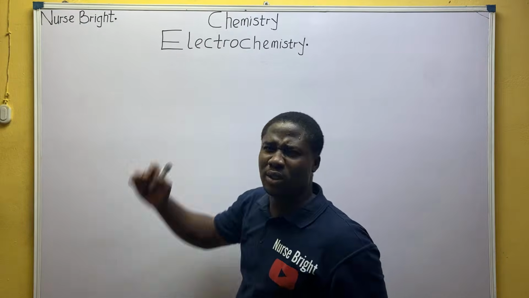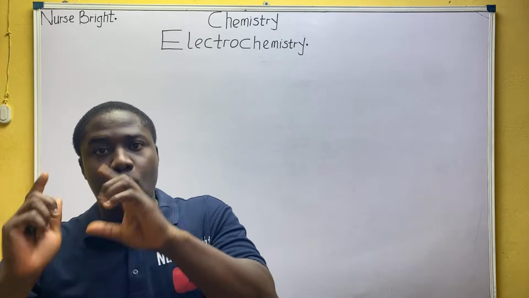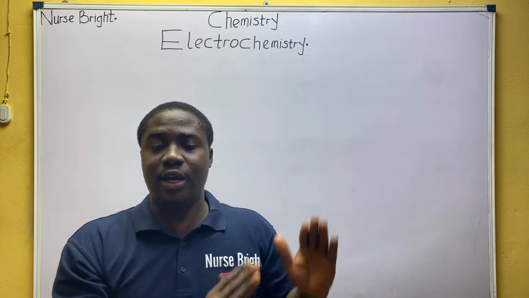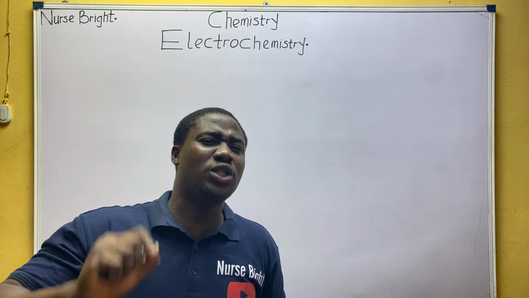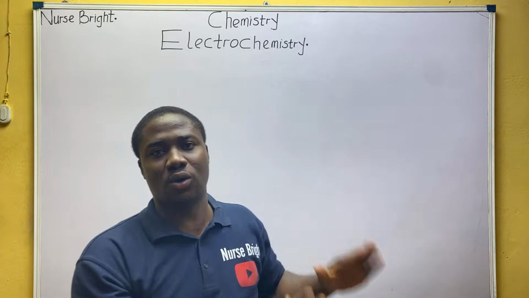So we'll be discussing this topic called electrochemistry, and it is one branch of chemistry. There are a lot of things to learn here, and I'll be teaching you all you need to know as far as your exam is concerned.